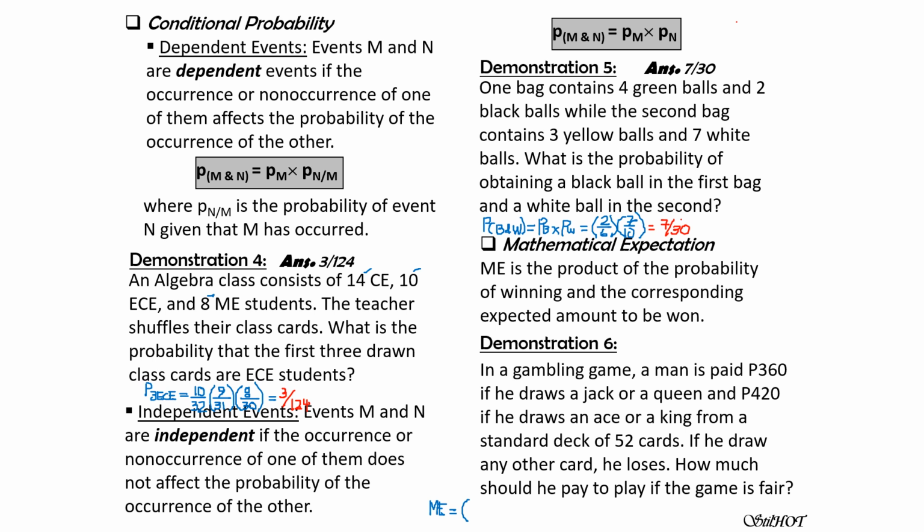First, the probability of drawing a jack or a queen card: there are 4 jack cards plus 4 queen cards out of 52, and the amount expected to be won is 360 pesos, times 360, then plus 4 ace cards and also 4 king cards out of 52, so the probability of drawing an ace or a king card is 8 over 52, and the amount expected to be won is 420.